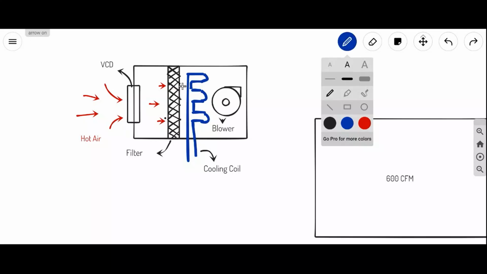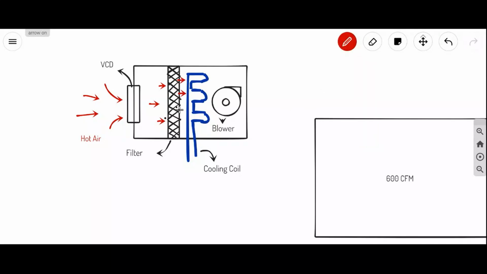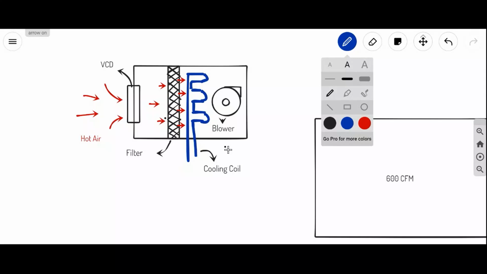Near to the cooling coil. So in the cooling coil, what are we going to do? We are going to supply chilled water into the cooling coil. From where we are supplying, we'll discuss in the next part.